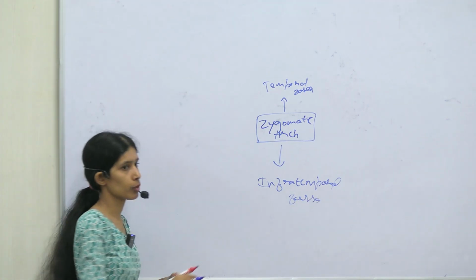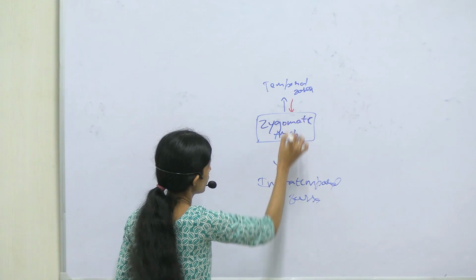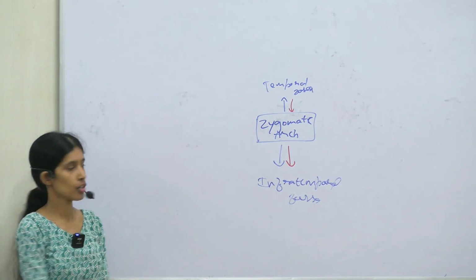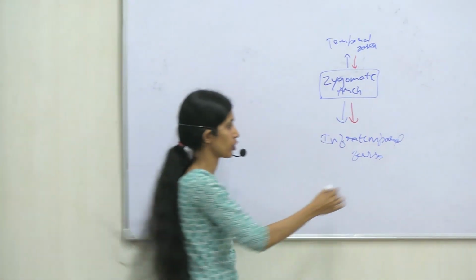Your temporal fossa has only one communication, with your infratemporal fossa, through the zygomatic arch. Your infratemporal fossa has 3 important communications.